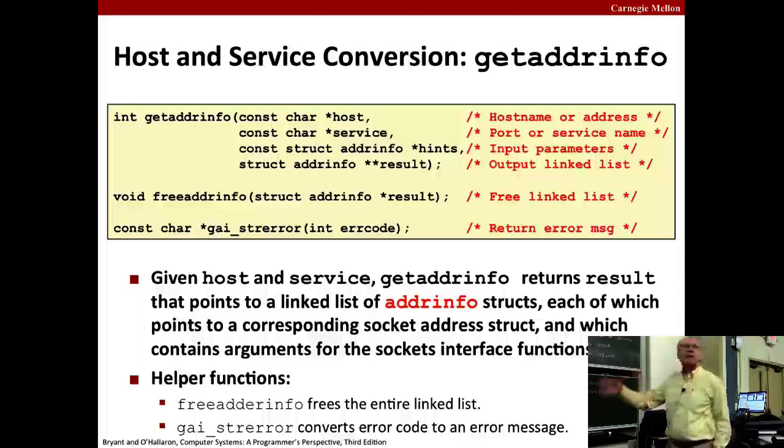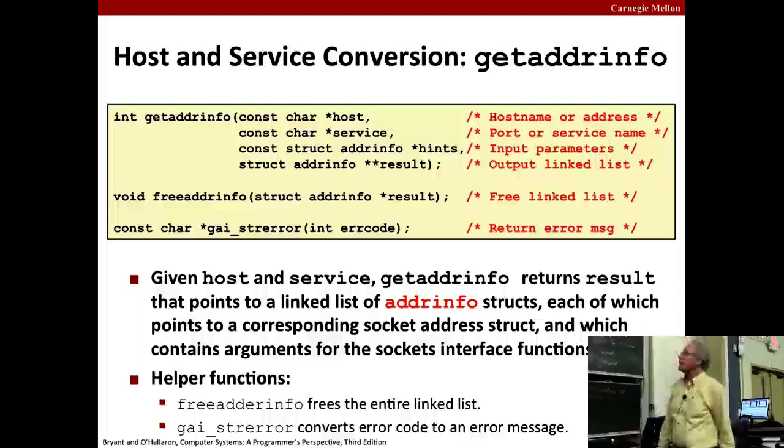Some other information associated with this particular connection they refer to as hints, because again, this is trying to be a very generic looking call. And then you pass in a pointer, and it will fill in and return back a pointer to a data structure, which is essentially the way it's returning results back to you.